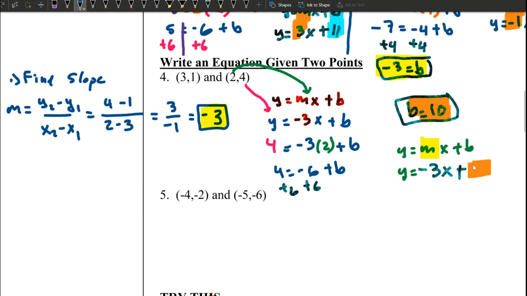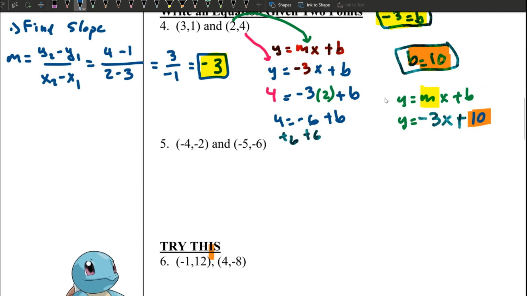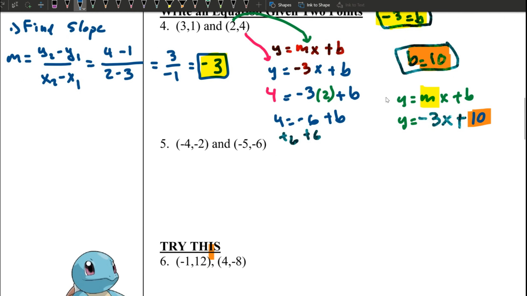That's it. All right, good. Do numbers 5, 6, 7. If you know how to do it, go for it. So first, you need to find the slope.